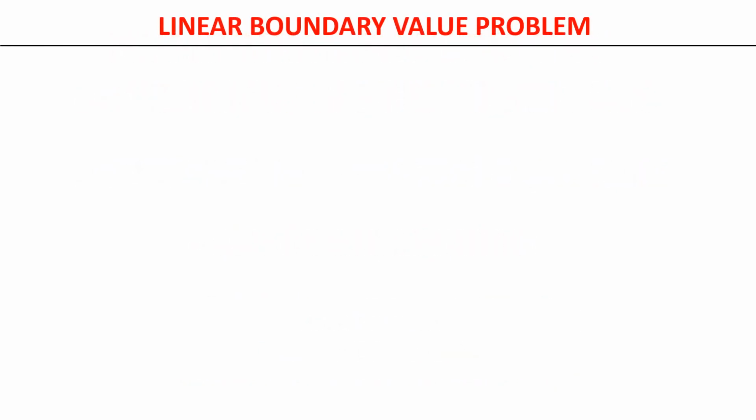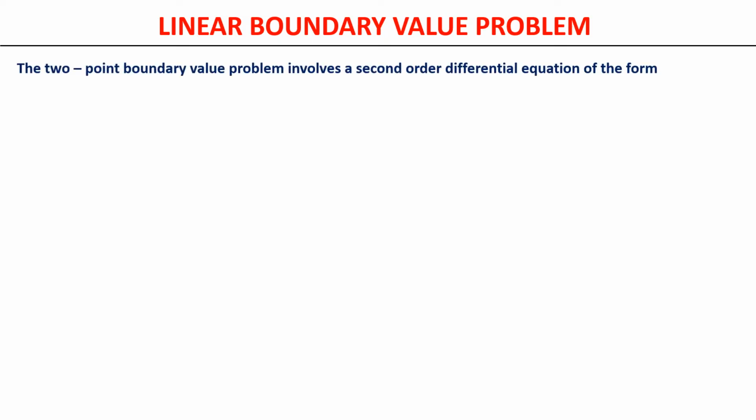Let me start with defining what a linear boundary value problem is. The 2-point boundary value problem, as you see here, involves a second order differential equation. We are talking about an ordinary differential equation of the form y double dash is equal to a function of x, y and y dash.